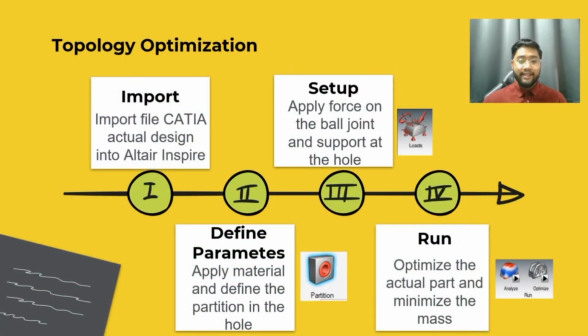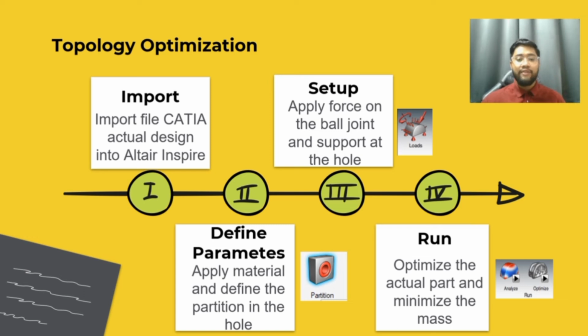The next step is topology optimization of the base model. Topology optimization is done using the Altair Inspire software. The first thing I did was import the CAD file from CATIA into Altair Inspire by using the STL file from CATIA.